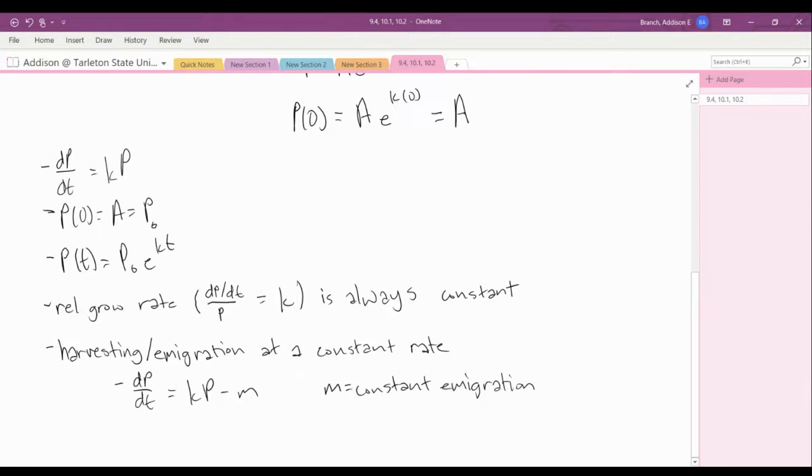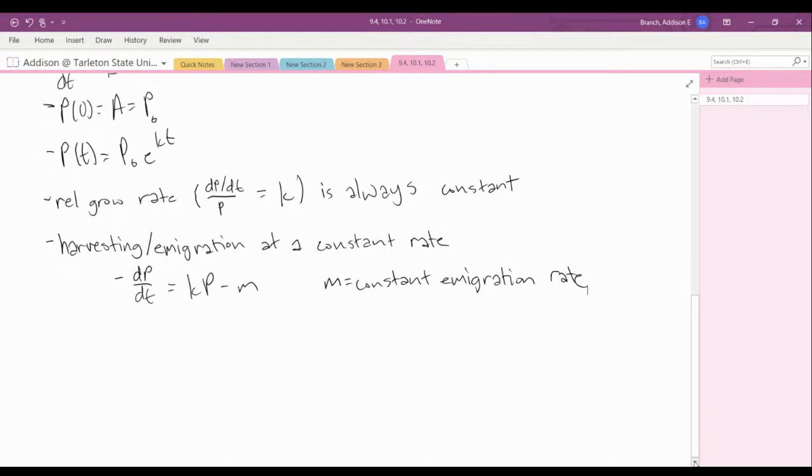Let's say every year we have a population of fish in a lake, and every year 50 fish get pulled out of that lake. That 50 per year would be our constant emigration, or constant harvesting, rate. You probably won't get that many questions on this, but just in case it pops up, there you go.